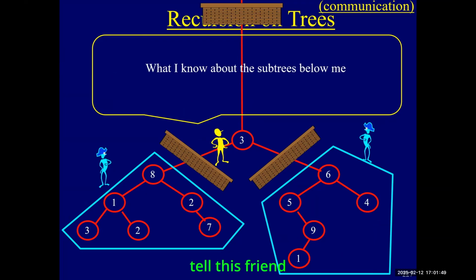You might want to tell this friend, hey, you're the left tree. You tell this friend you're the right tree. They might want to know that. Or maybe you get extra information from your friend: you're told not just the number of nodes, but you want to learn the height of the tree as well. So you can change the pre and post condition to allow you to have more communication, all right?